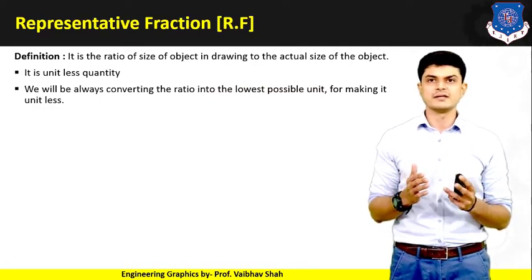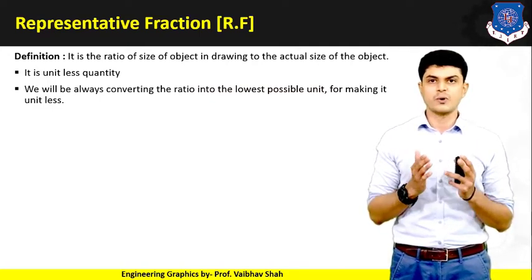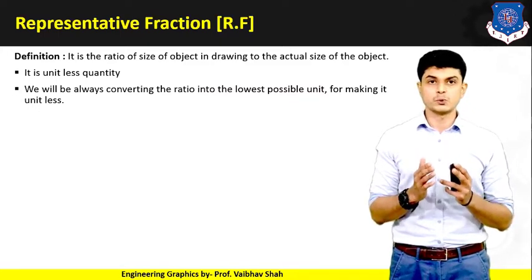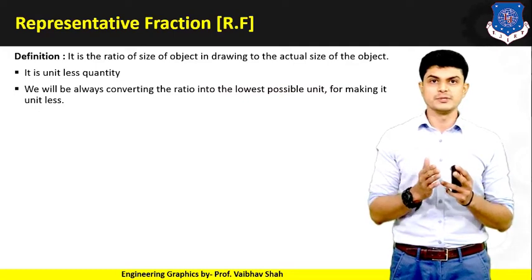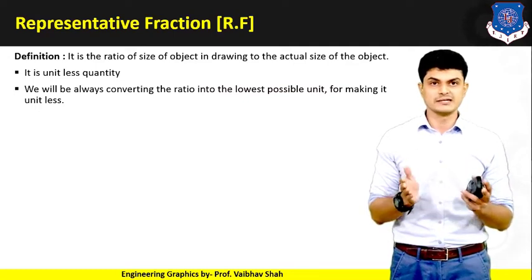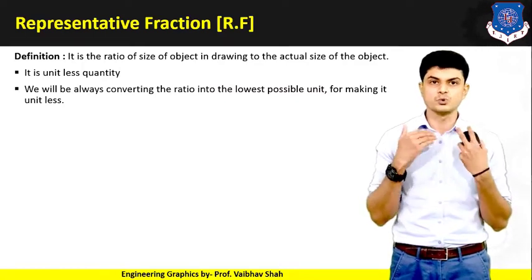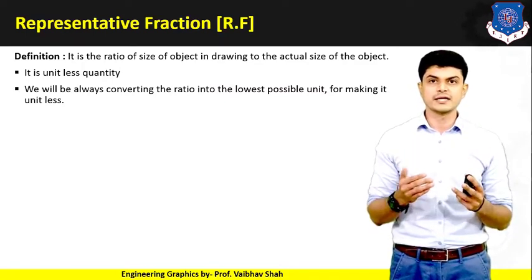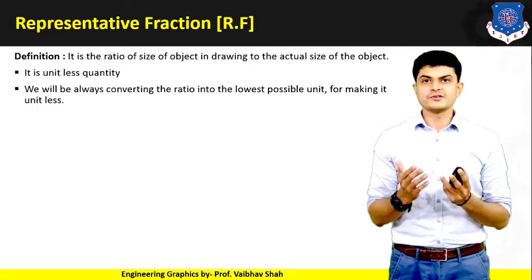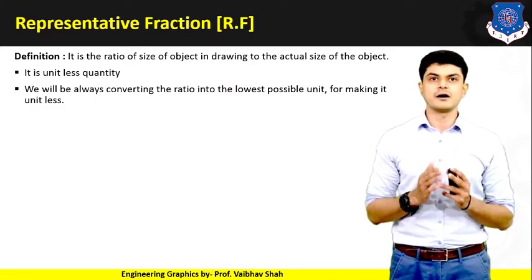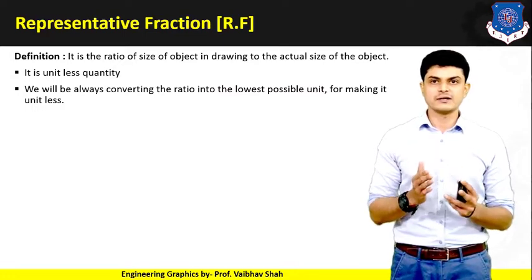That is why it is a unitless quantity. We will always convert the ratio into the lowest possible unit to make it unitless. So always remember, it is a unitless quantity, and if we have two different units, then we convert the higher unit into the smaller unit to cancel out the units, and finally we have a unitless quantity. Now let us move ahead.